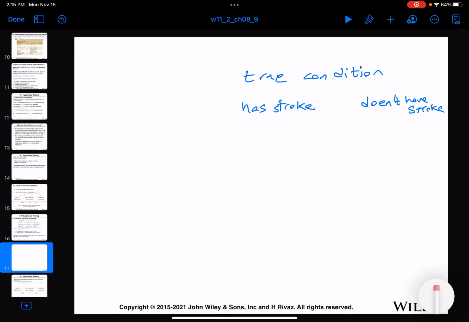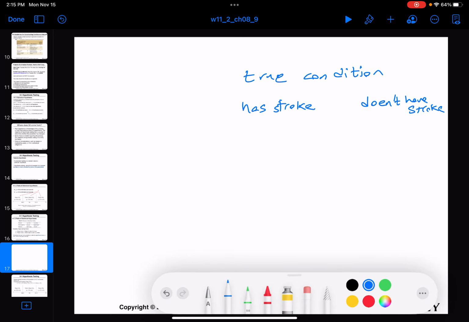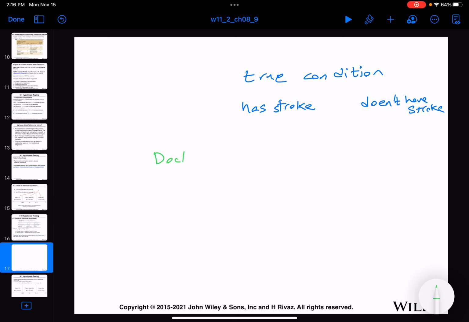These are the columns of the table, and then the rows of the table. The first row is the doctor's diagnosis positive, and the other is the doctor's diagnosis negative. So the doctor either says you have stroke or you don't have stroke, right?